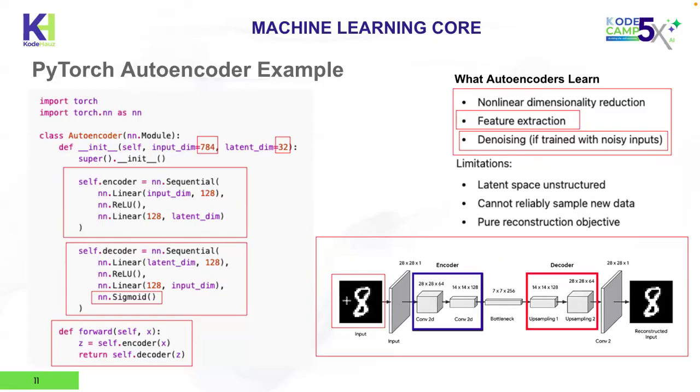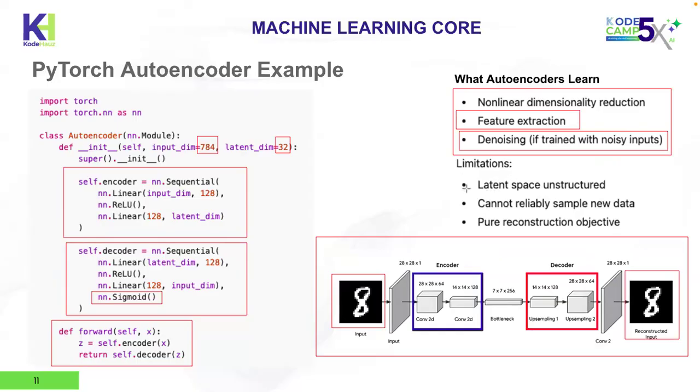So even when you give it an eight that is noisy, it is still going to generate a clean eight, not a noisy one, because it has learned the representation of the signal, not the noise. So when it is regenerating, it will not generate the noise. And that's why it's very, very useful for denoising, right?